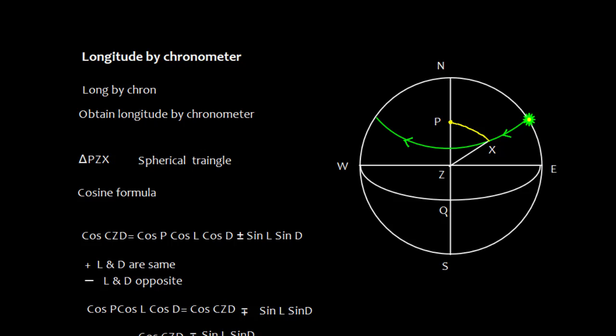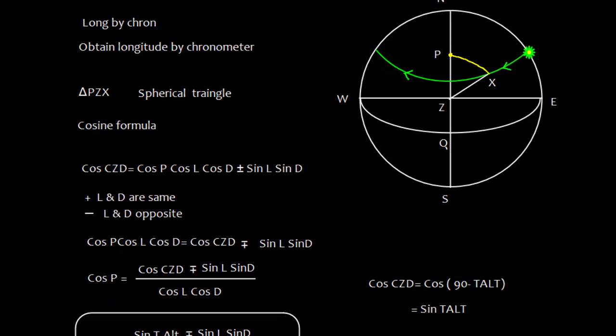So what we have to do is just rearrange this formula. This cos P cos L cos D remains on the one side, and this other term we bring to the opposite side. So this becomes cos calculated zenith distance.